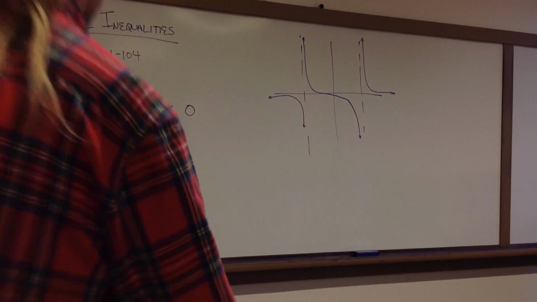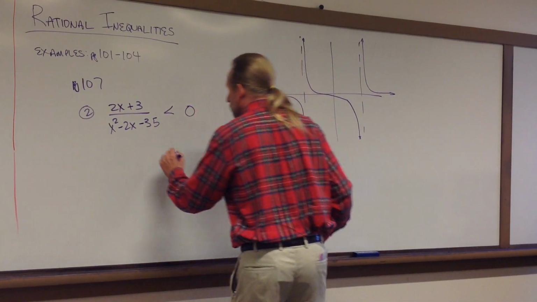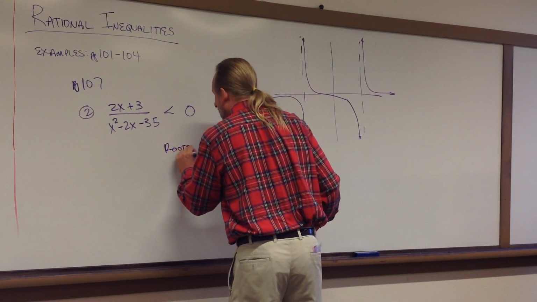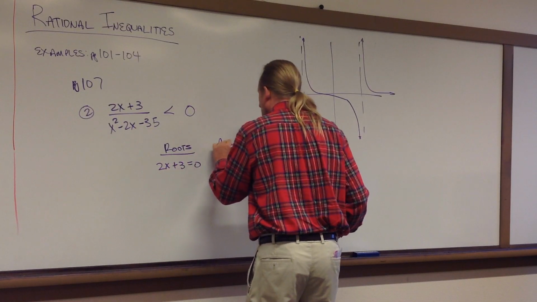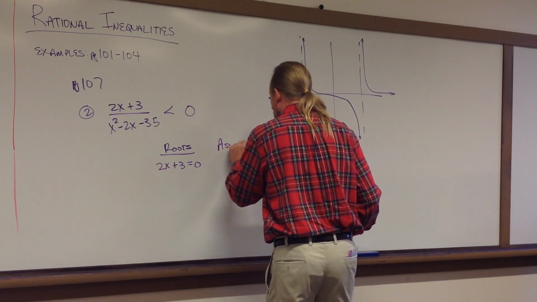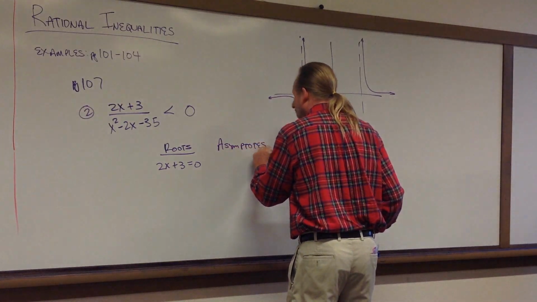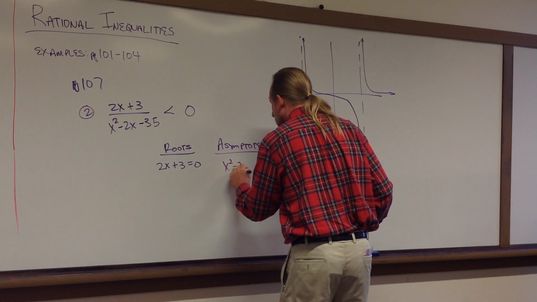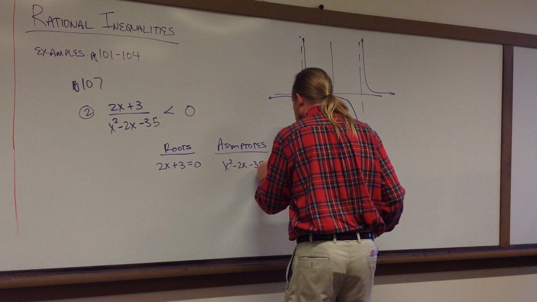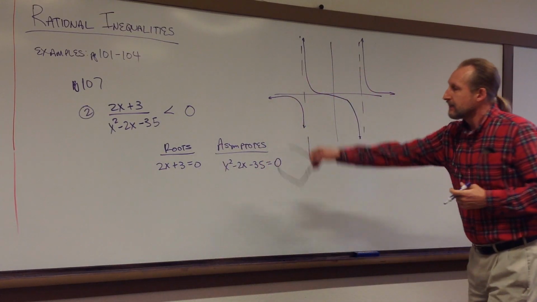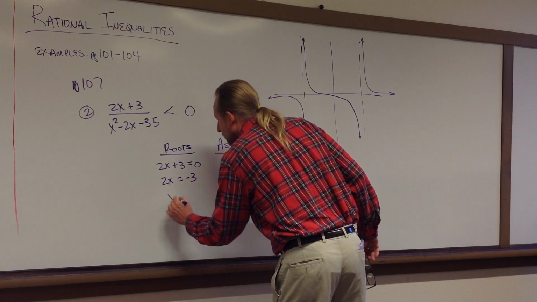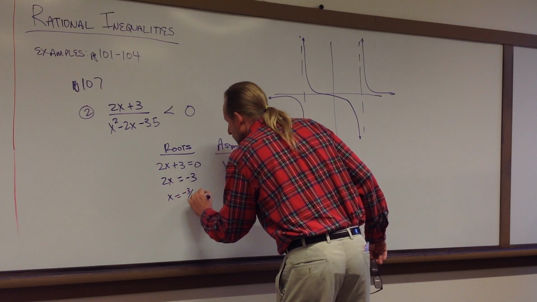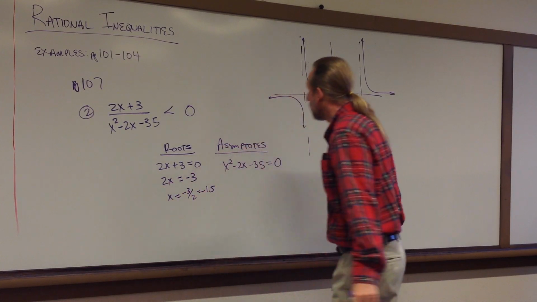Okay, so remember the roots are where the numerator is equal to 0 and the asymptotes are where the denominator is equal to 0. Okay, this one is easy, right? 2x equals negative 3, x is negative 3 over 2, or negative 1.5.